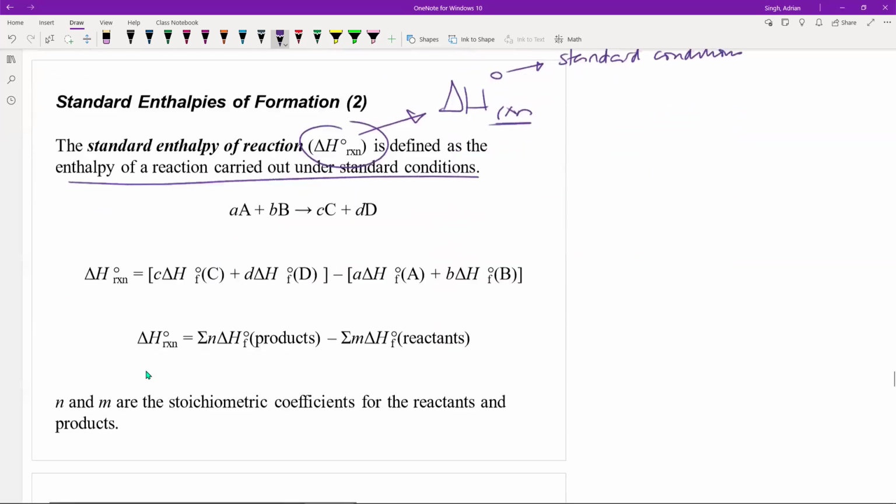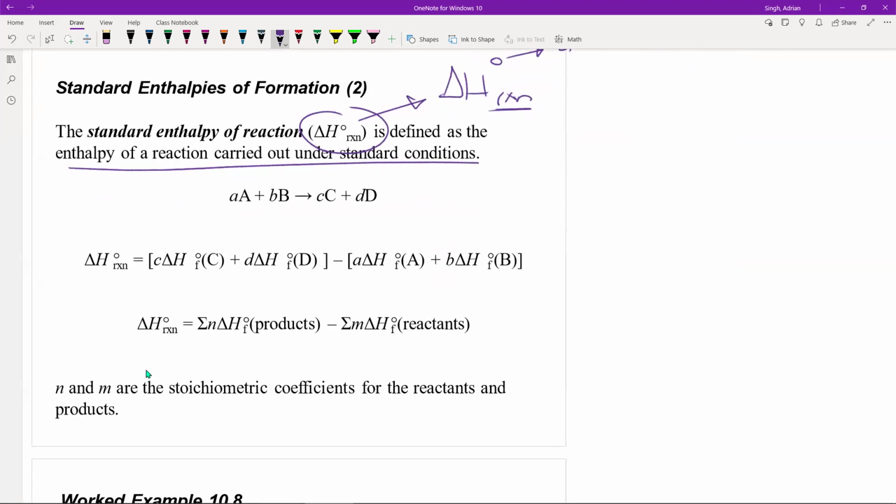So if we have a general equation where we have A plus B reacting to form C plus D, then the way that we use the standard enthalpy of formation to calculate the standard enthalpy for the reaction is the same thing that we've been doing all along.